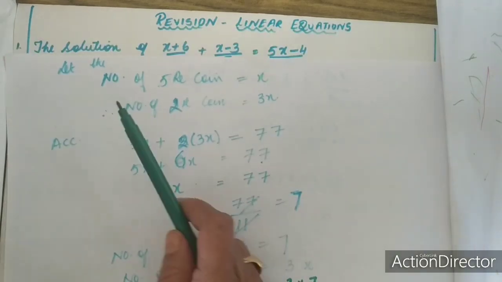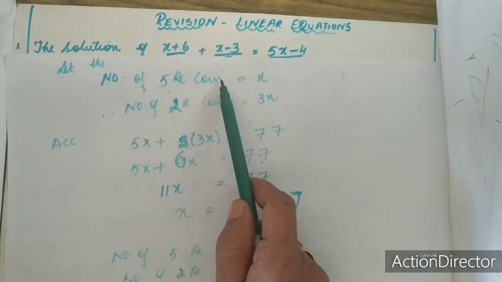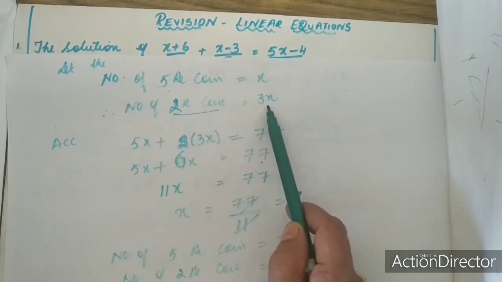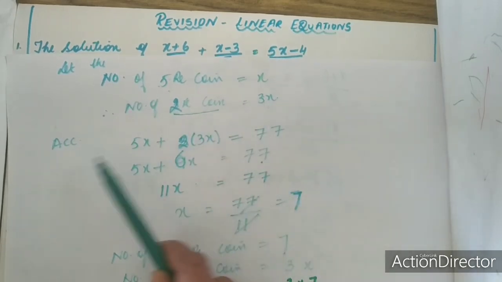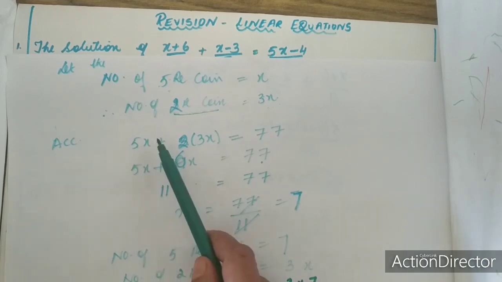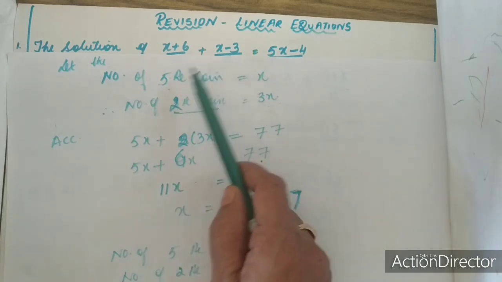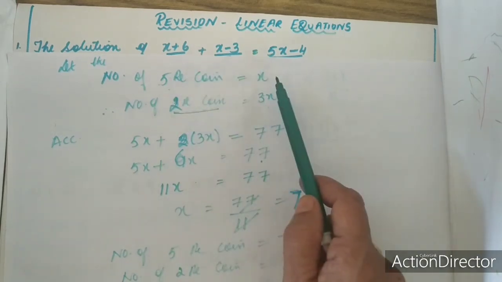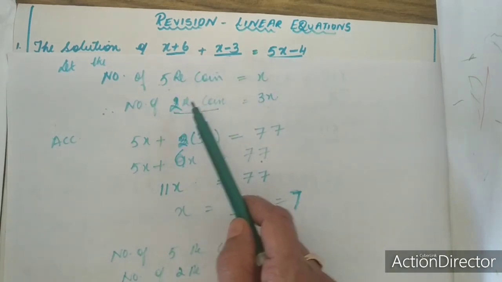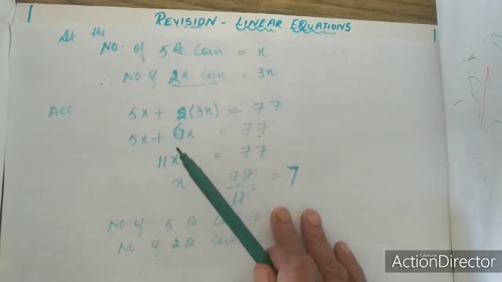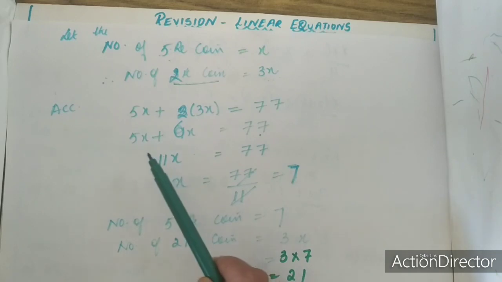So let me explain once again. Let us take the number of 5 rupee coins as x and the number of 2 rupee coins is 3 times, so you have to take 3x. Now according to the condition, it is given the total value of the coins is equal to 77. So you have to multiply the amount over here. 5 into x plus 2 into 3x is equal to 77 because the total amount is 77.